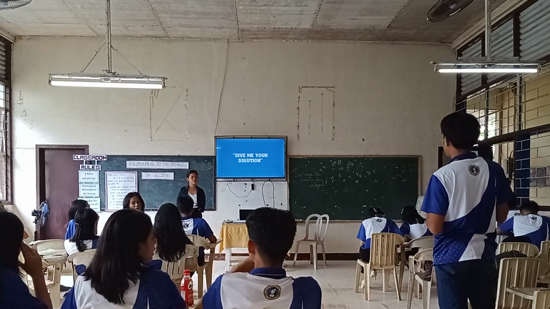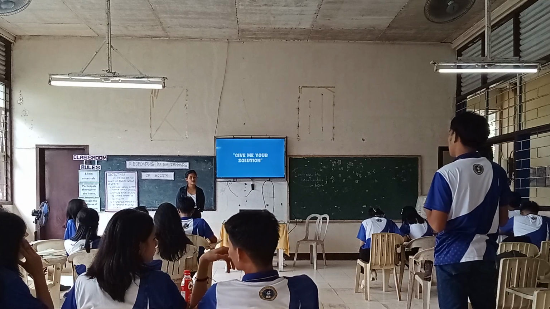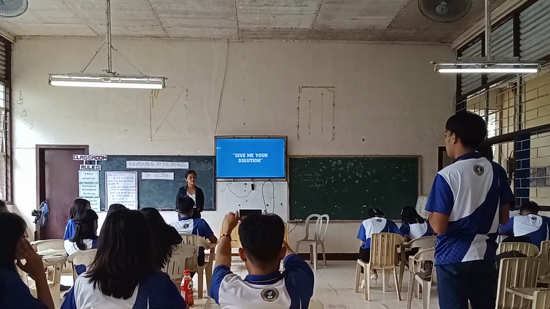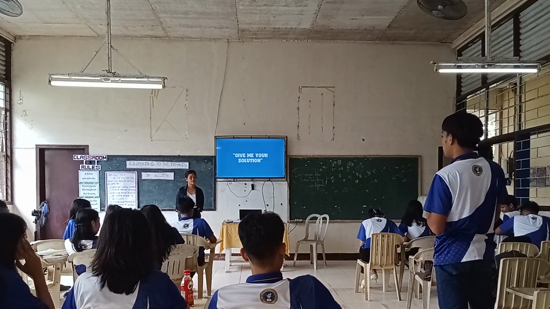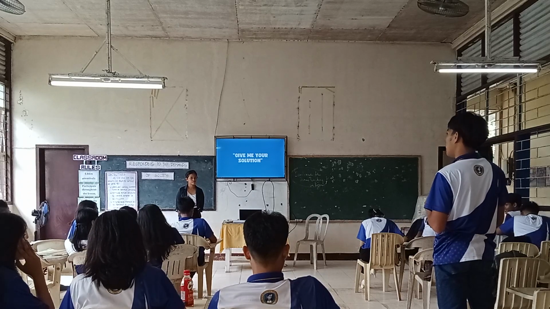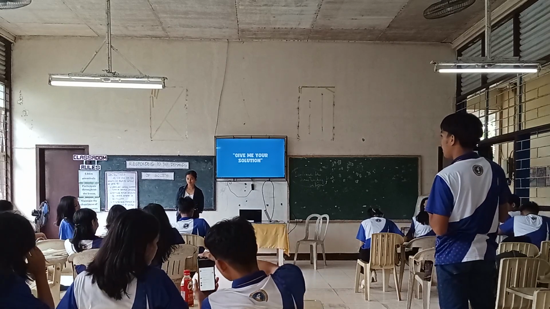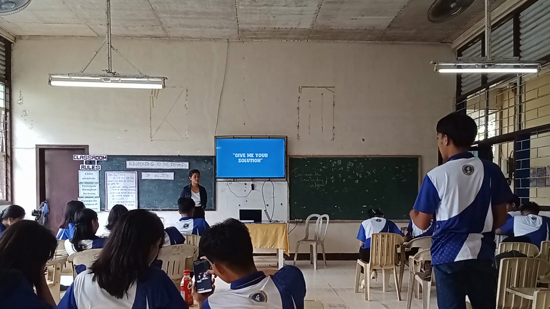So the solution there is to promote gender equality. We want equality in terms of work because we have different skills, and some girls may acquire the skills of men and may be suitable in that specific work.